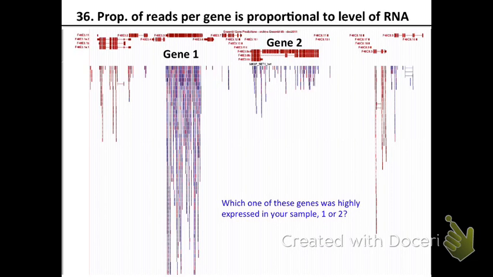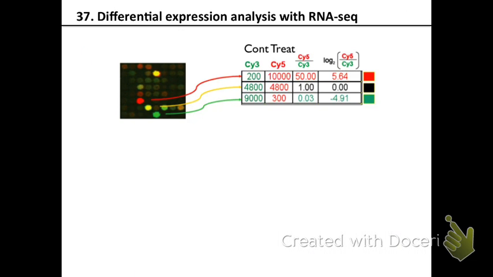It's proportional. So then, just like microarrays, we need to convert this data into numbers, right? In this case, instead of measuring fluorescence signal, what am I going to convert into numbers? What measurement can I convert to numbers?